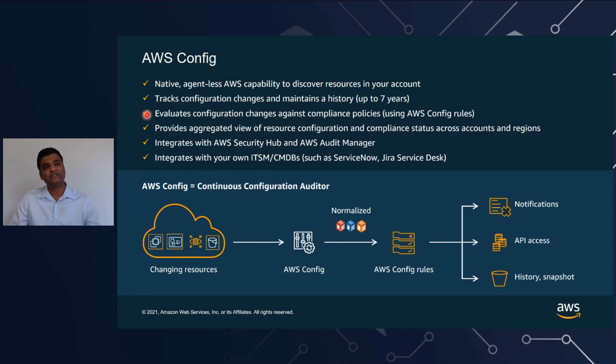Then it compares an event with what you have configured and provides you a notification in the form of an SNS topic event, right? So it's a pretty easy service that you can enable to meet most of your regulatory requirements by design, right?